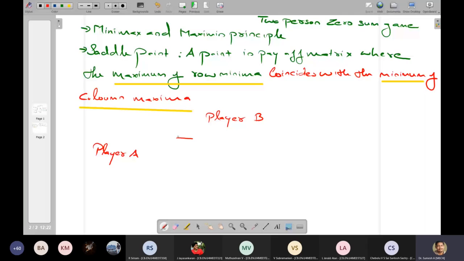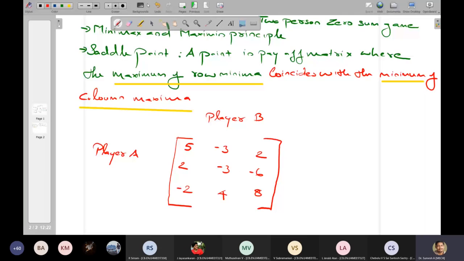So what are the two terms you have to determine? Row minimum and column maximum.